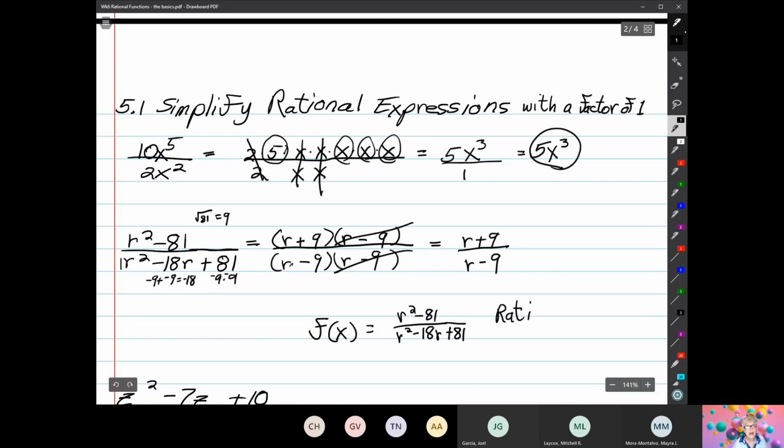Rational means fraction in the math language. Just this part is the rational expression if you take this all by itself.